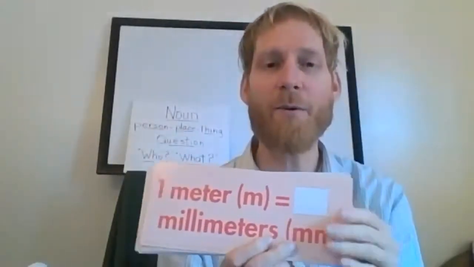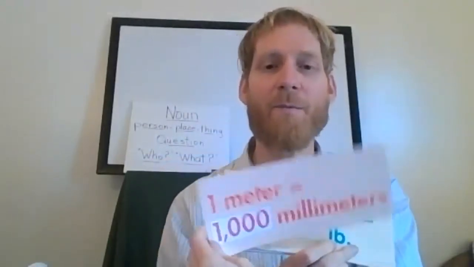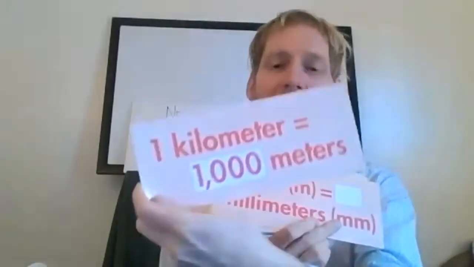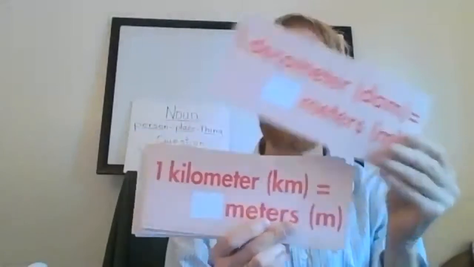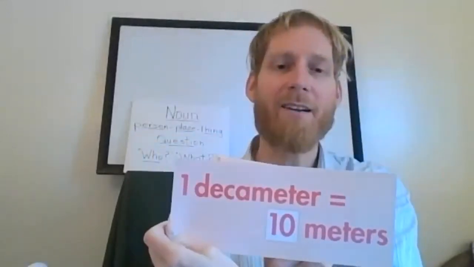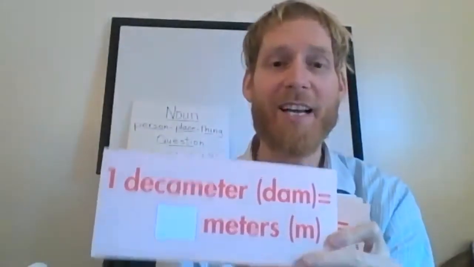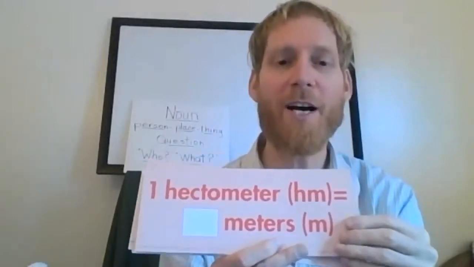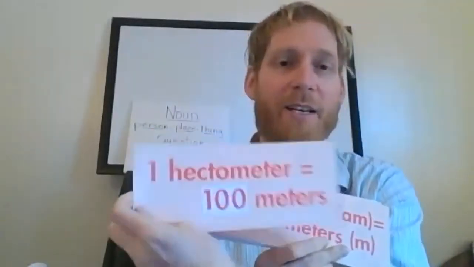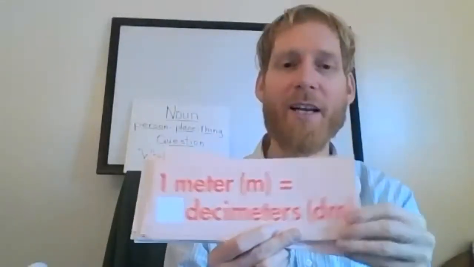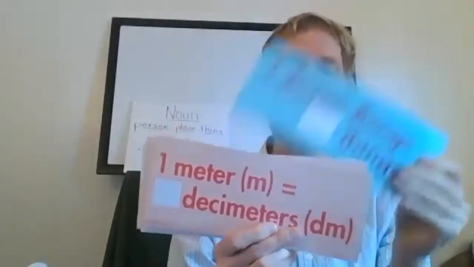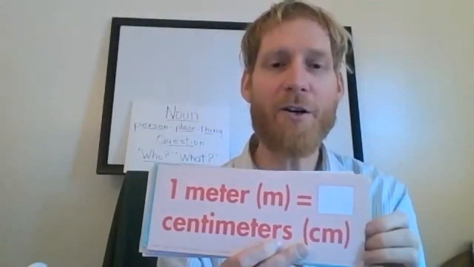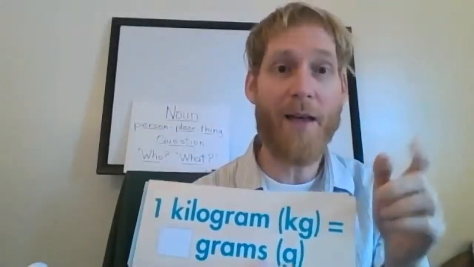1 meter equals 1,000 millimeters. 1 kilometer equals 1,000 meters. 1 decameter equals 10 meters. 1 hectometer equals 100 meters. 1 meter equals 10 decimeters. 1 dozen things equals 12 things. 1 meter equals 100 centimeters. 1 kilogram equals 1,000 grams.